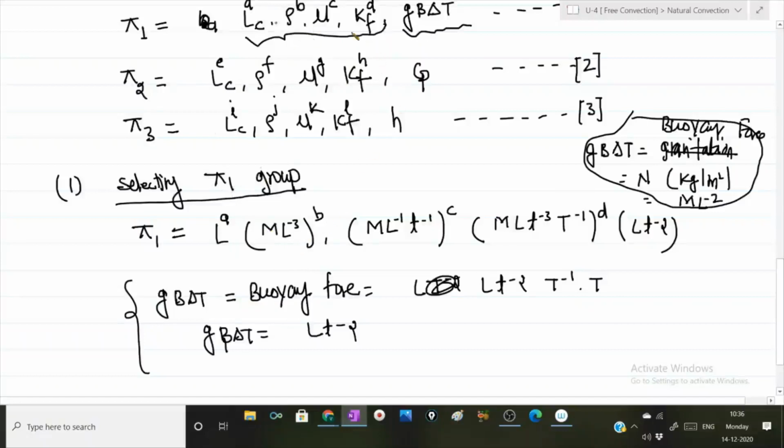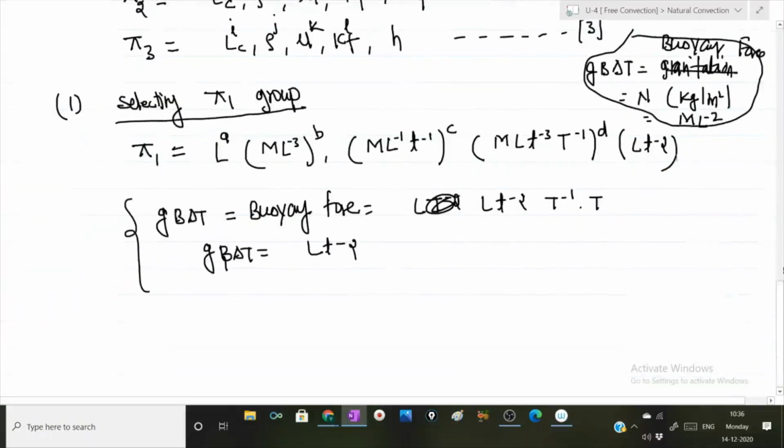Likewise mu, kf and g beta delta t. Pi1 is a dimensionless group, so its dimensions can be expressed as M power 0, L power 0, T power 0 and small t power 0.